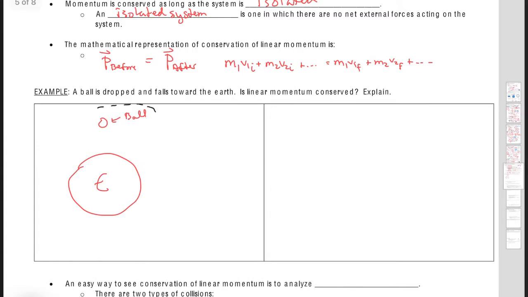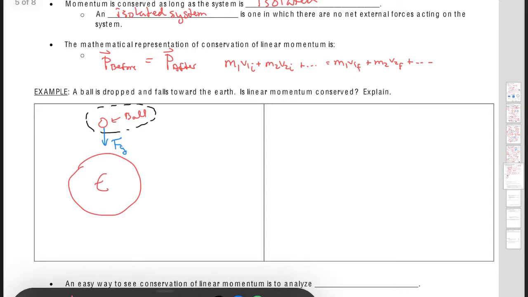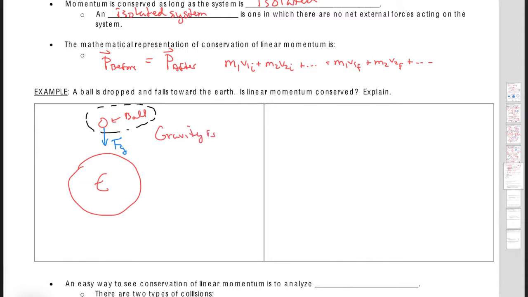If I say the ball is my system, the only force acting on the ball is the gravitational pull of Earth. But because the Earth sits outside of the ball system, gravity is external to the system, because the system is the ball only.